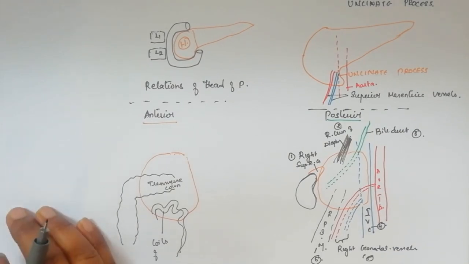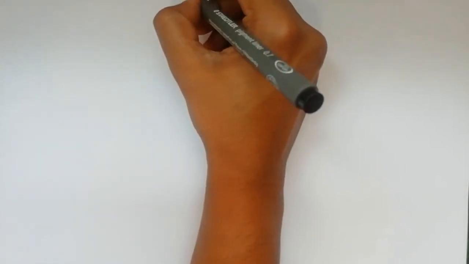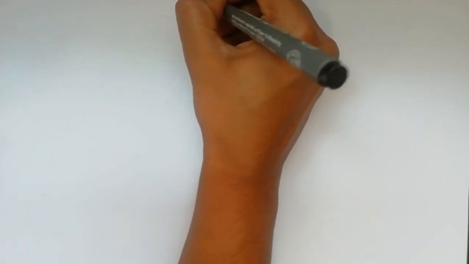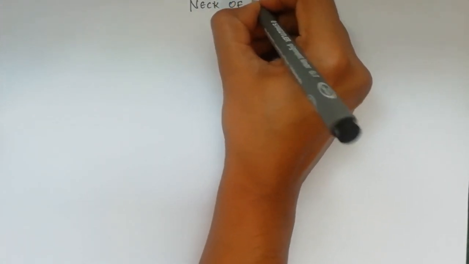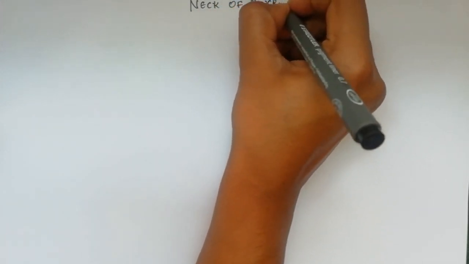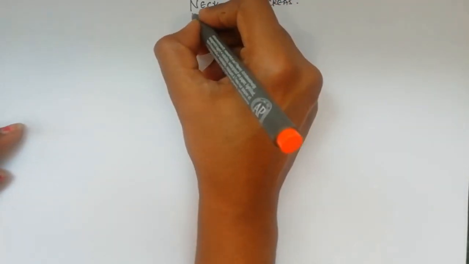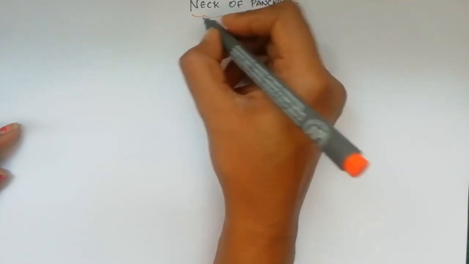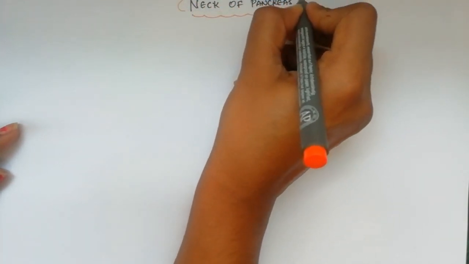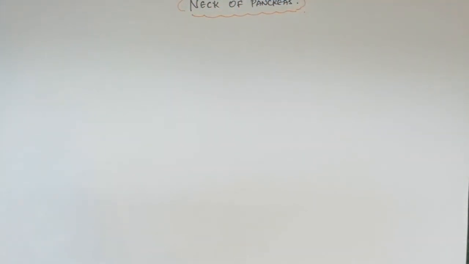Now we will move on to the neck part of the pancreas. Going to see details of the neck of pancreas. Talking about the relations of the neck of pancreas, we have some important structures related.